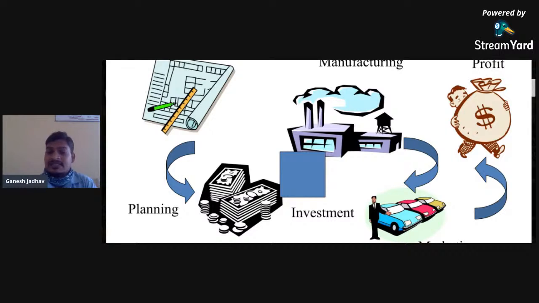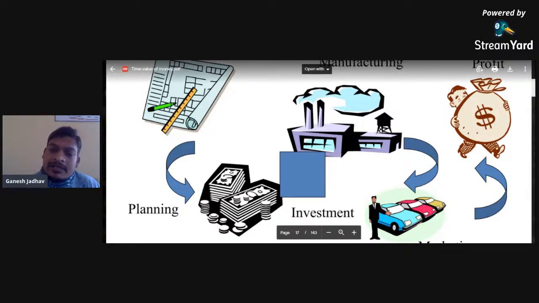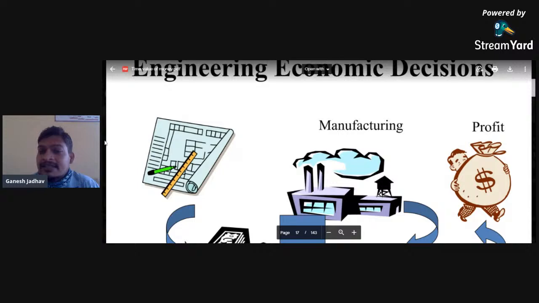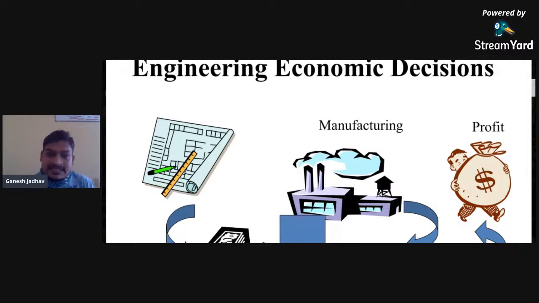Manufacture a number of cars, a number of products, different products, which are needed in our daily life. And from this particular business we get a huge profit. So this is the final step of the engineering decision.